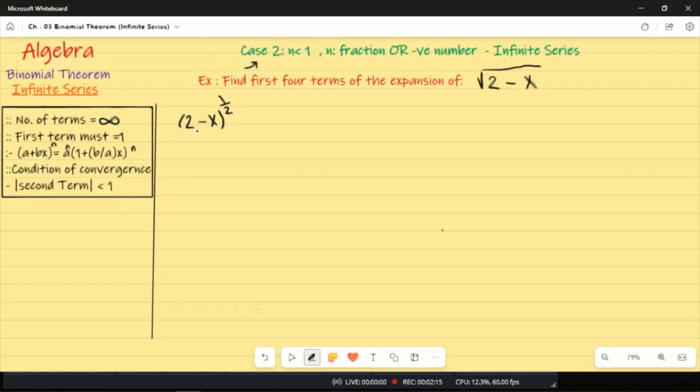Here the first term isn't 1, so we will take the square root of 2 as a common factor, so we have 1 minus x by 2 to the power half, and n is equal to half.